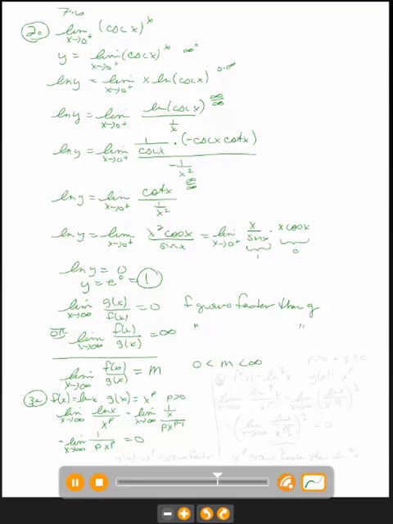So we're going to say that g of x equaling x to the p grows faster, which means that any function that has x to a power, where the power is positive, is going to grow faster than the natural log function.